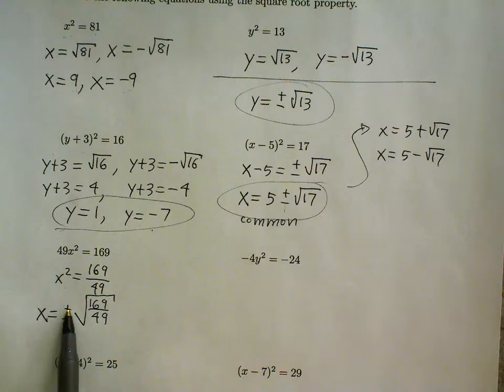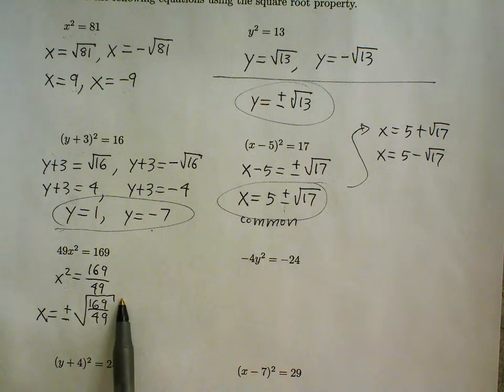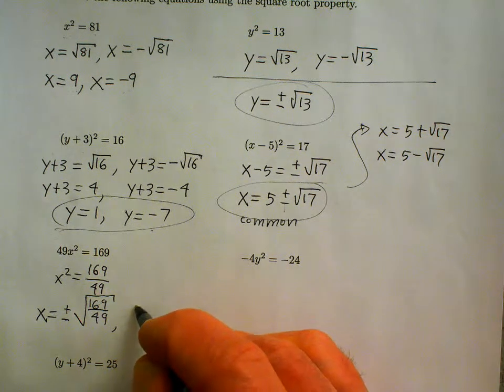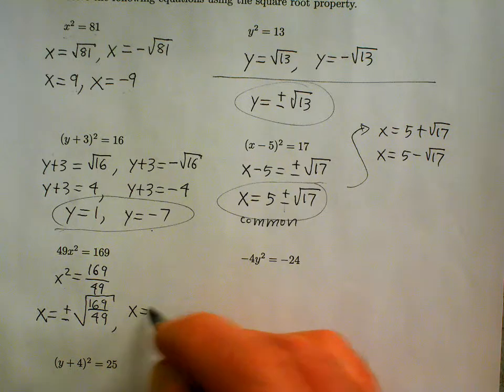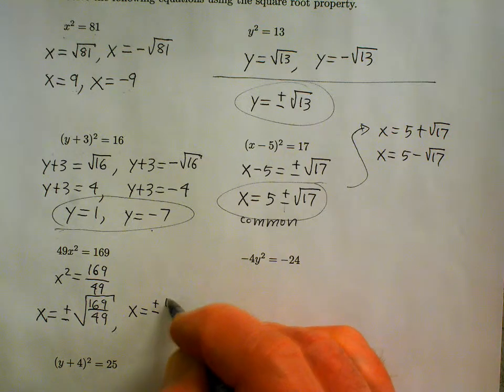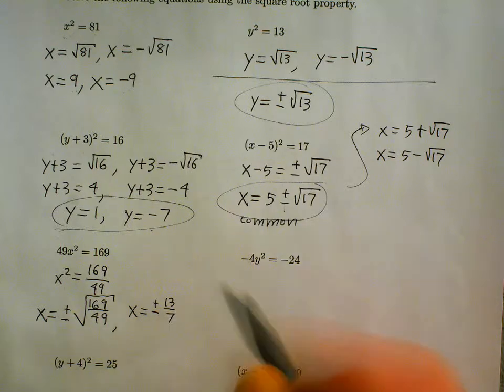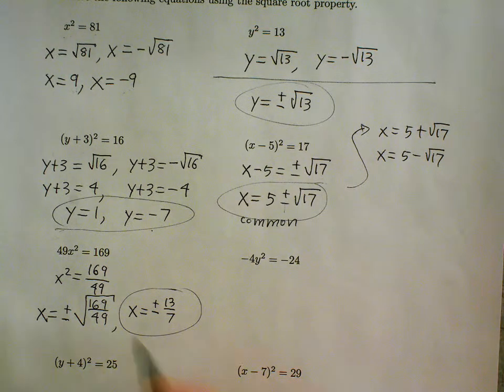One is positive, the other one is negative. The square root of 169 over 49 can be simplified. Both 169 and 49 are perfect squares. So we can write this as x equals positive and negative 13/7. So those are the two solutions.